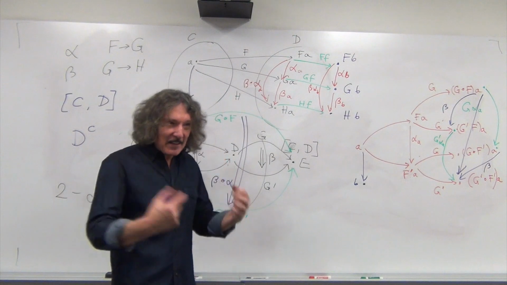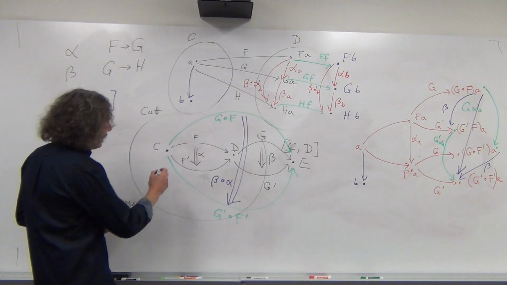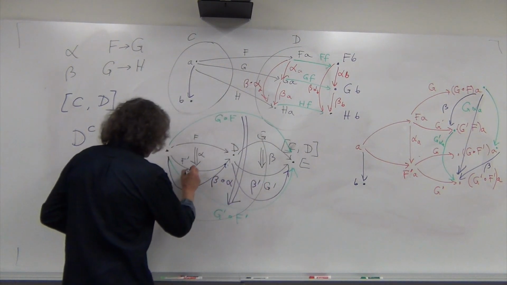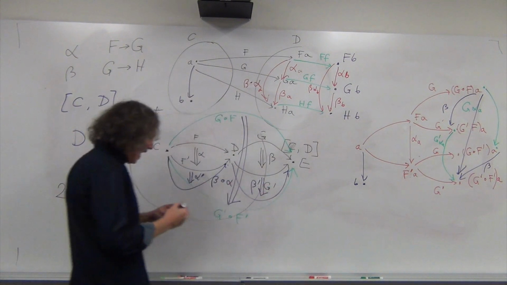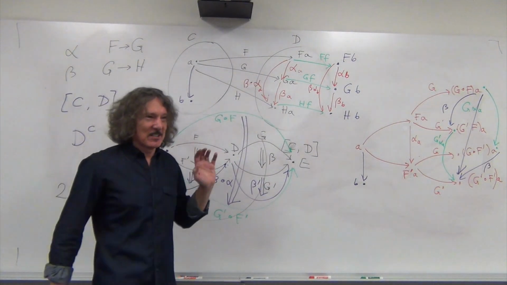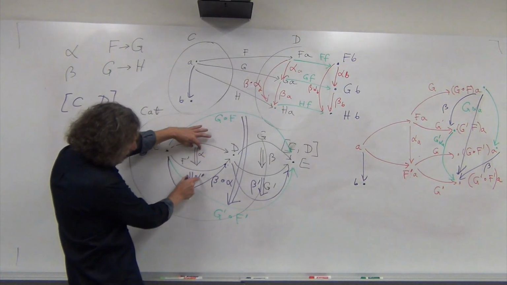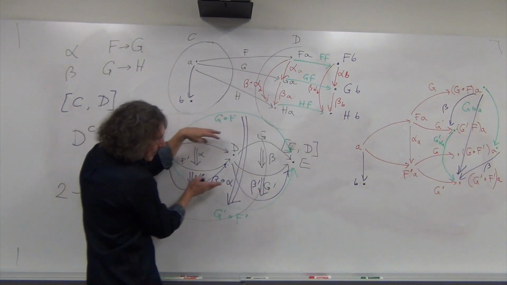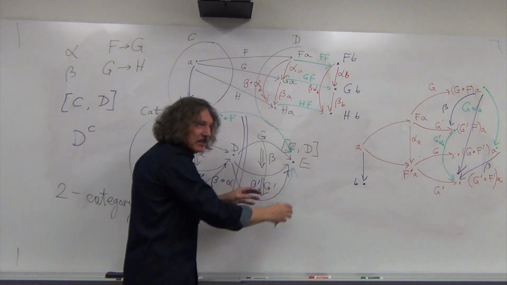And now, since we love this diagram chasing so much, the next thing to chase is, what if you have beta and beta prime, and here you have alpha and alpha prime, right? There is a combination of these called the interchange law, in which you say that if I first vertically compose these and vertically compose these, and then I horizontally compose, then it's the same as if I first horizontally compose and then vertically compose.